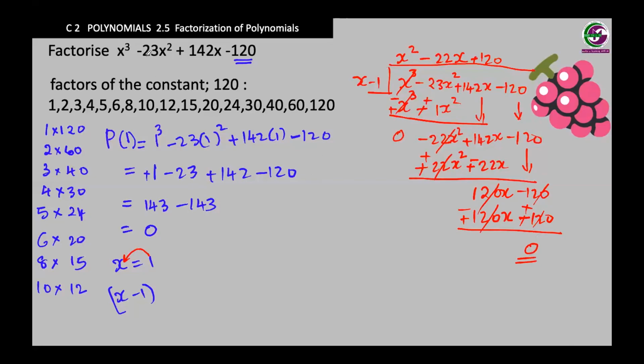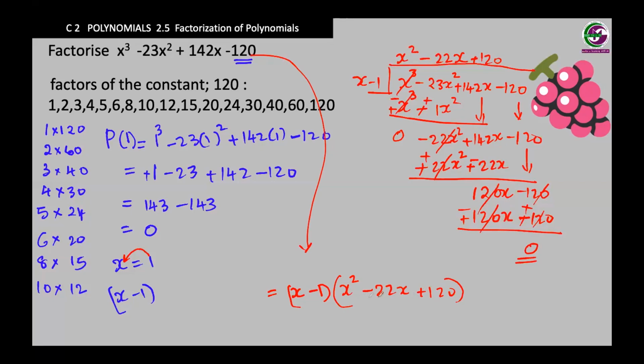So how do we rewrite the given polynomial? This polynomial, or the question, can be rewritten as x minus 1 is a factor, and when you take this factor, the quotient will be x squared minus 22x plus 120, the other term when you factorize this big polynomial. But still, can you see that there is an x power 2 with 3 terms?